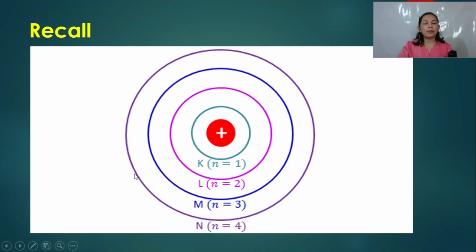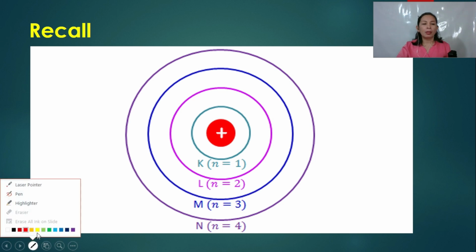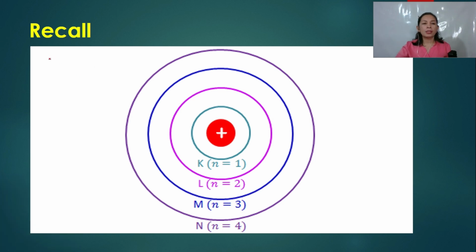Class, let us first recall the total number of electrons that can occupy a given energy level. What do you think is the formula that is being used in calculating the total number of electrons? Okay, if your answer is 2n squared, then you are right, where n represents the energy level.